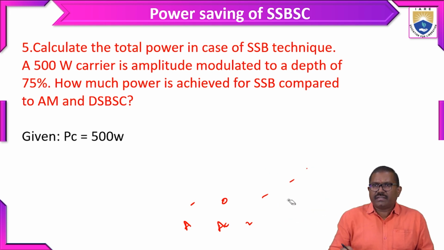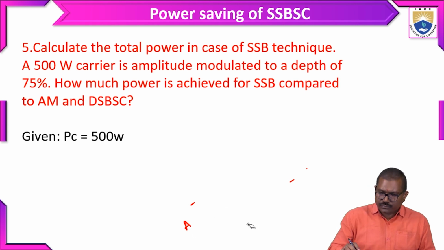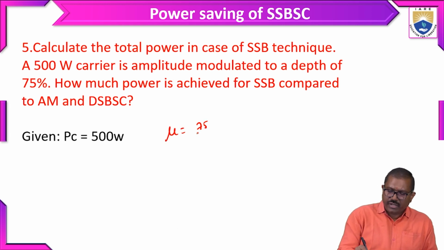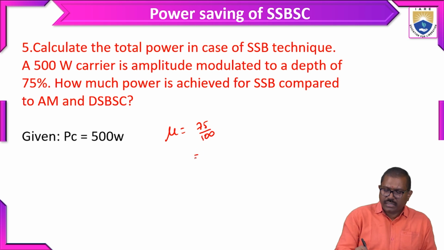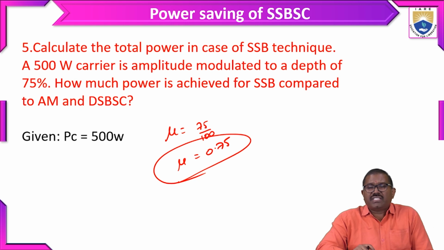So here the given data is PC, carrier power, is 500 watts, and mu is 75%, so 75 by 100, 0.75. This is my new value. So they gave the carrier power PC and the modulation index. By using this, we are going to calculate the total power and compare it with AM and DSB-SC.